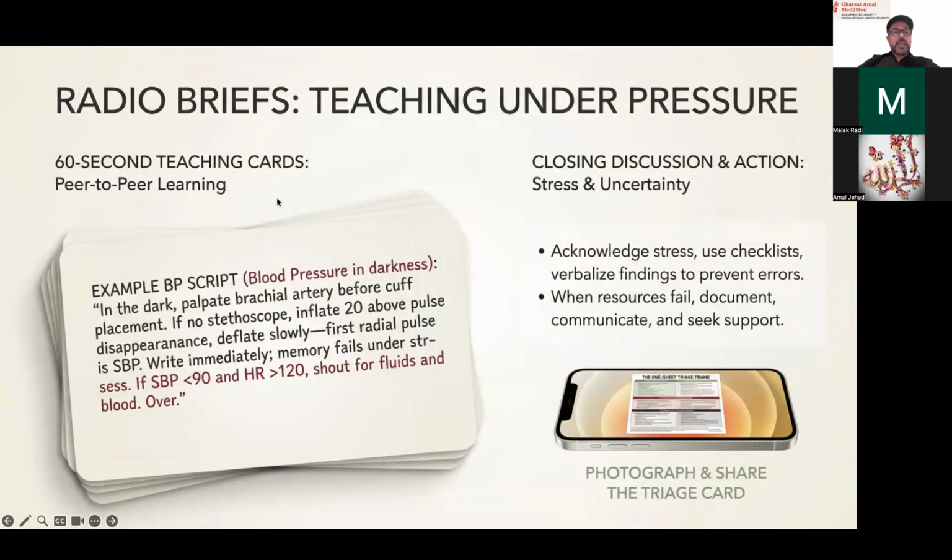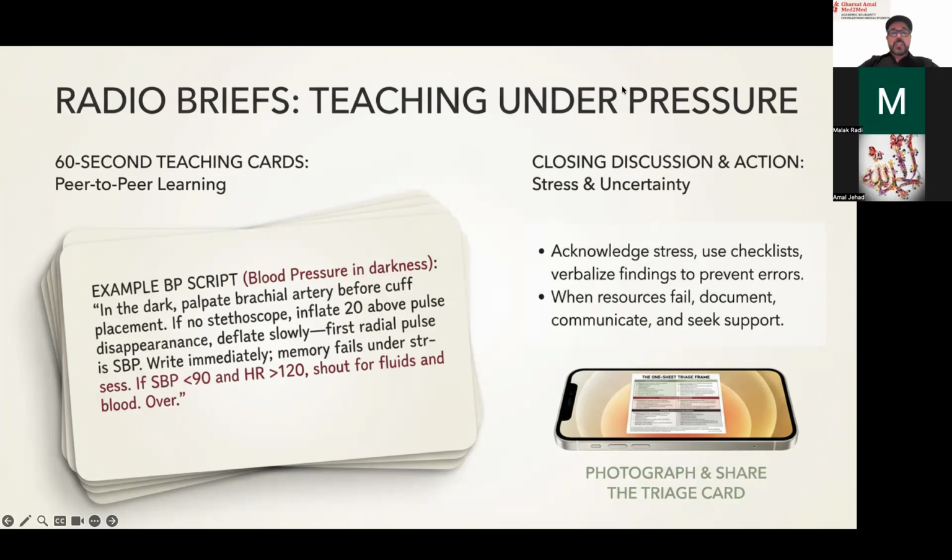Okay? Now, a few seconds of important cards. Number one, when you take blood pressure in the dark, you need to palpate the brachial artery before the cuff placement. If no stethoscope, inflate 20 above the pulse disappearance.